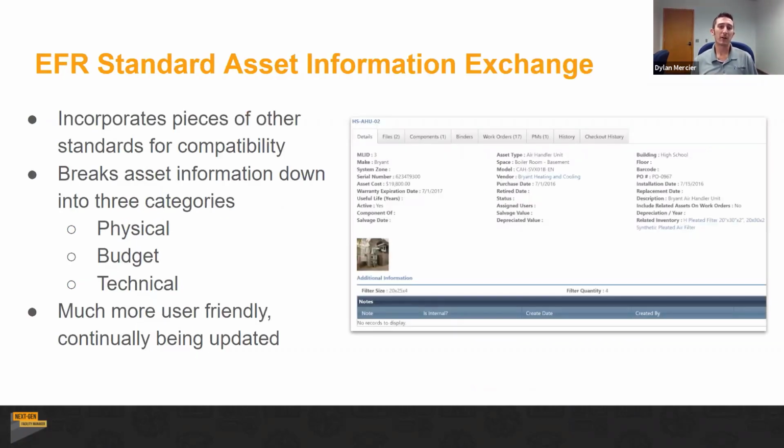Building out the EFR, the AIEX, it's the Asset Information Exchange. Now, one thing that becomes available to a district or a facility manager as they start to standardize how this information is there is ordering. That's one of the big ones.